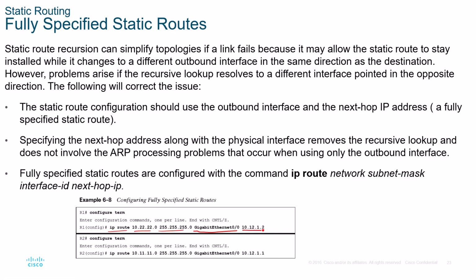That way it's 100% making sure it leaves out the correct interface and going to the correct IP address. Specifying the next hop address along with the physical interface removes the recursive lookup and doesn't involve ARP. So there are reasons to use fully specified static routes, even though they are very specific and very unique.